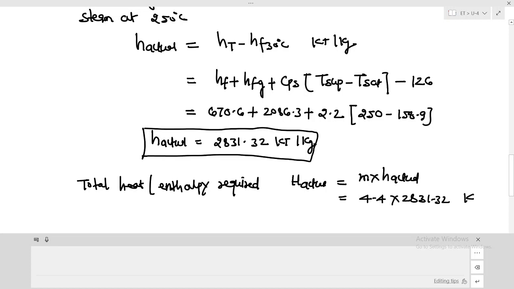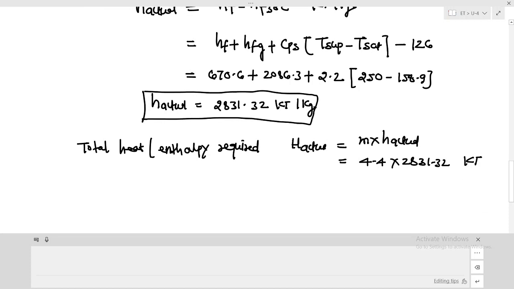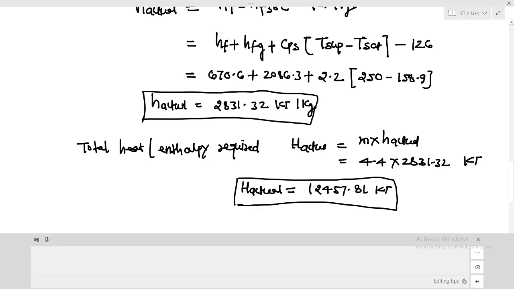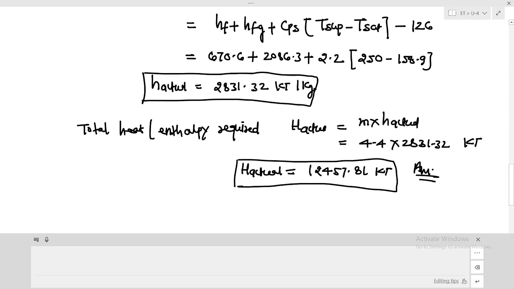Now the unit will be kilojoule because I am considering total enthalpy. And this comes out to 12457.81 kilojoule. So this will be the required answer, and this way you can solve such numericals.